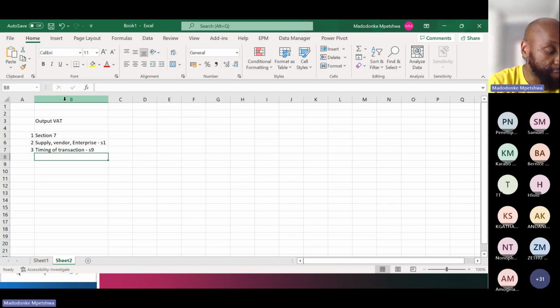So as an example, if you read Section 9, subsection 1, that gives us the generic rule.